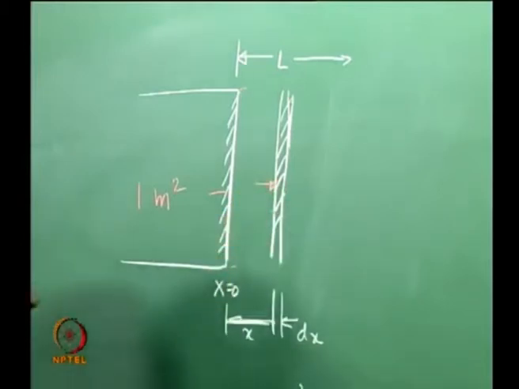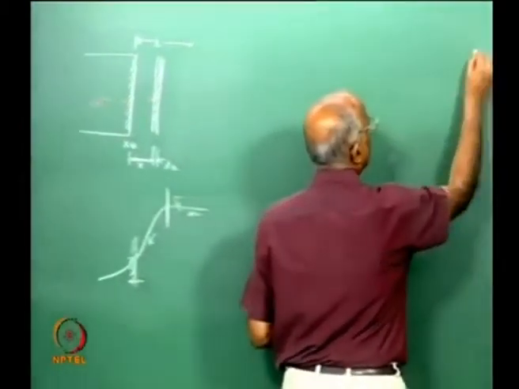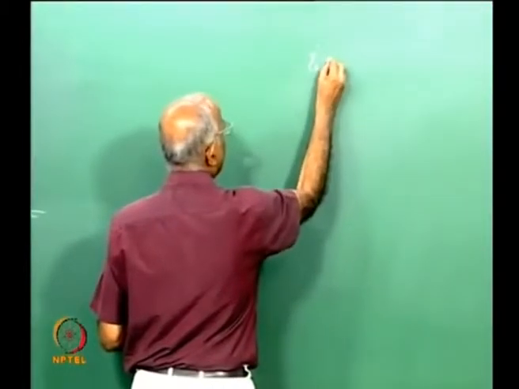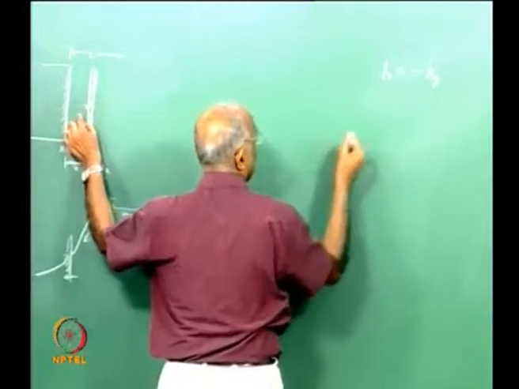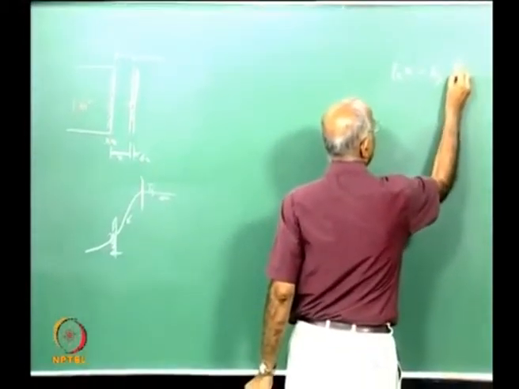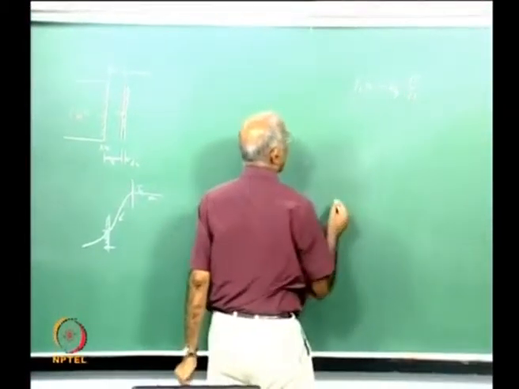What is the value of heat conduction? Q dot at x, the rate of heat conduction at x, is equal to minus kg into dT by dx by Fourier law, it is a gas phase, therefore the thermal conductivity of the gas.